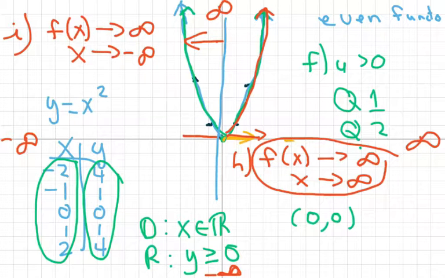Is this a one-to-one function? No, it's not, because if you do a horizontal line test, it fails. It can only hit 1 point for it to be one-to-one. What that tells us is that we're going to have to restrict the domain. So I'm going to come over here and restrict the domain to x is greater than or equal to 0.